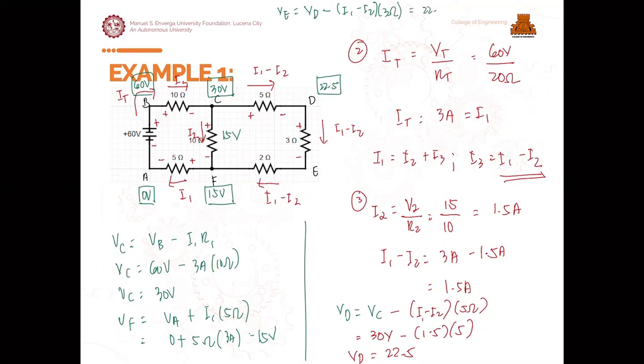So 22.5 minus 1.5 times 5. Sorry, it should be 3 only. So we have 18. At this point, we are at 18 volts.